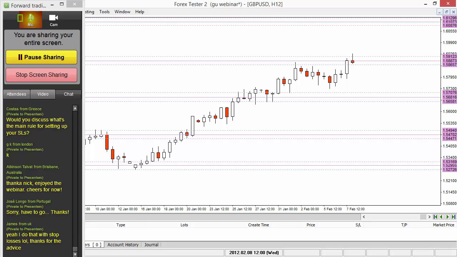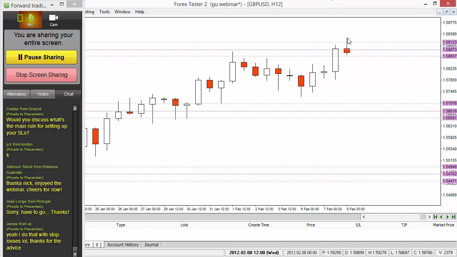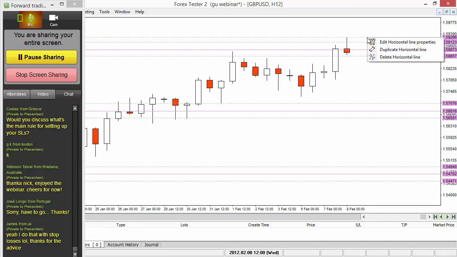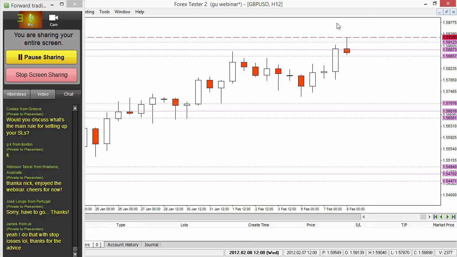The reasoning for this, all right, let me zoom into this, and let's make this red so it stands out a bit, is that since buyers have been able to hit this high very, very recently, it's very likely that if I were to set my stop loss lower than that high, there's going to be a higher chance of it being hit.